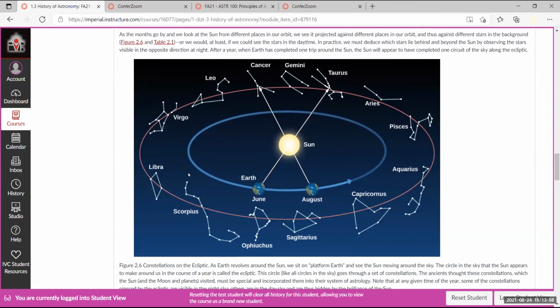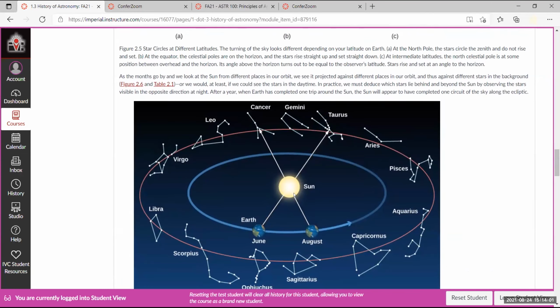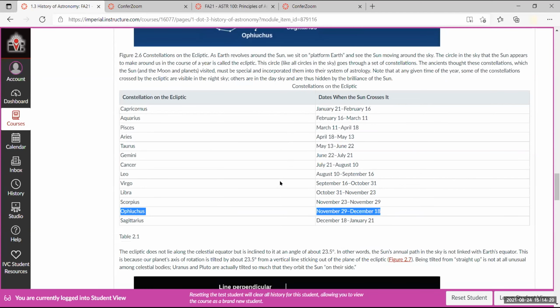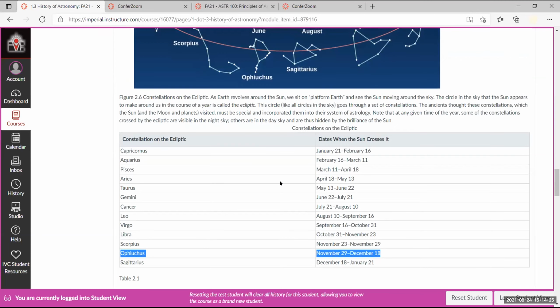But the point here is this is how the sun looks if we are sitting on the earth, it looks like it's going around. Of course, we cannot see this. This is what we will see during that night. There are 13 zodiacs and only 12 are observed. Why is that? People usually agree that there are 12 signs because of the 12 months, basically 12 regions, if you wish.